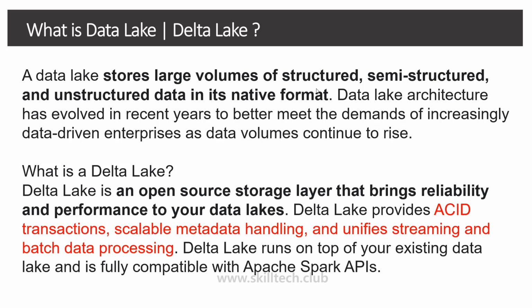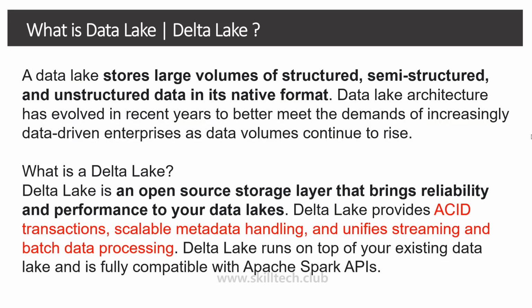So what is a data lake? The data lake stores a large volume of structured, semi-structured or unstructured data, in short all kinds of data, in its native format. Mostly a data lake welcomes all kinds of data, no matter which source it comes from. Data lake architecture has evolved in recent years to better meet the demands of increasingly data-driven enterprises as the data volume continues to rise.